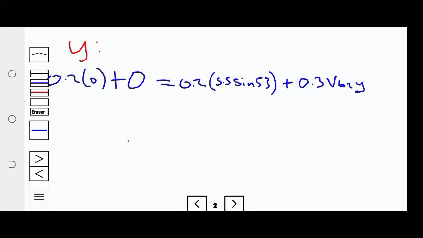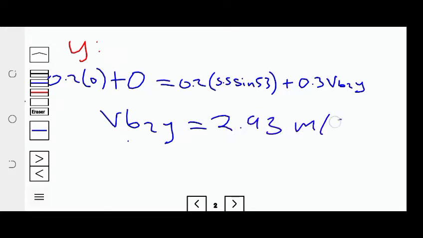So VB2y is equal to 0.87 divided by 0.3, to get 2.93 meters per second.